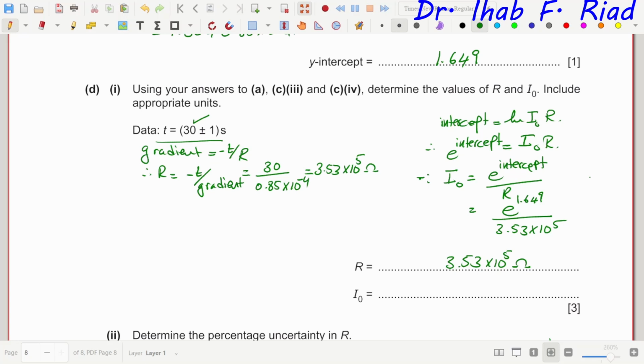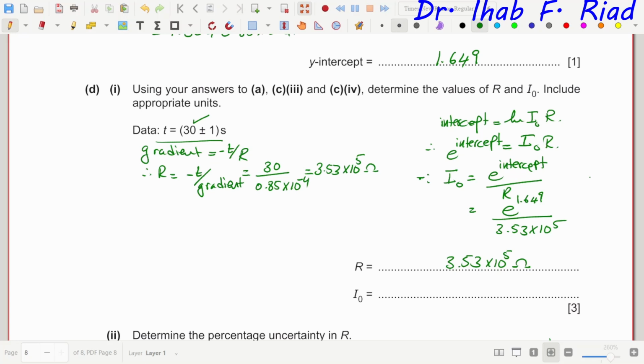So it is e to the power 1.649, and we divide by 3.53.